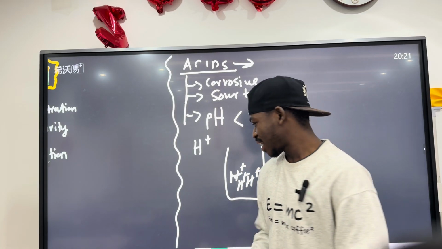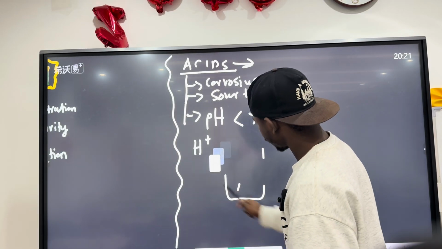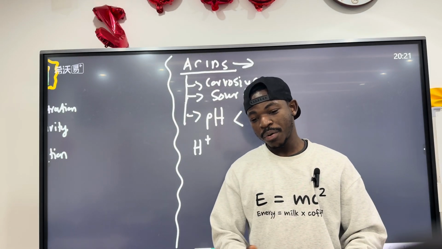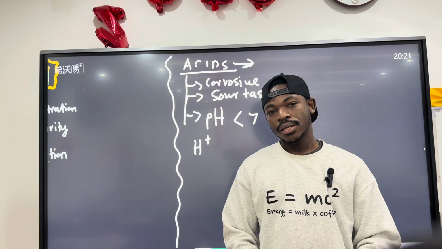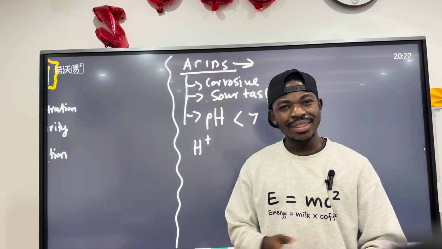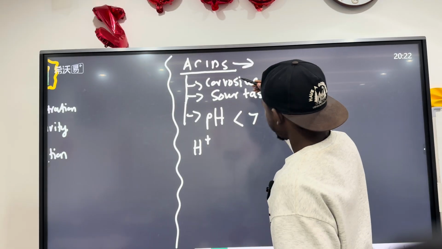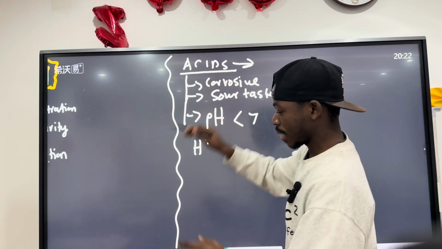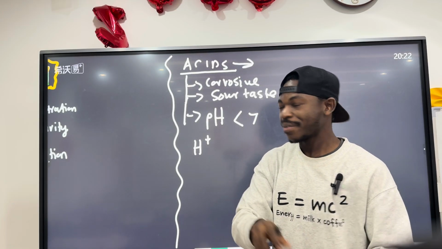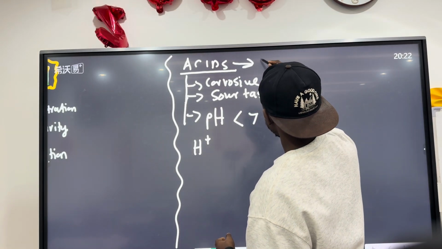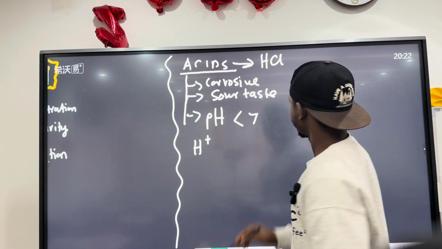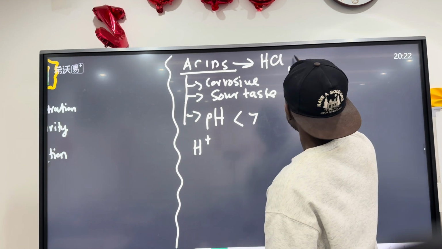Now, what are some examples of acids? Examples of acids are things you've probably heard about, things like sulfuric acid, hydrochloric acid, nitric acid, and things like that. This is how we write hydrochloric acid. What else? Sulfuric acid.